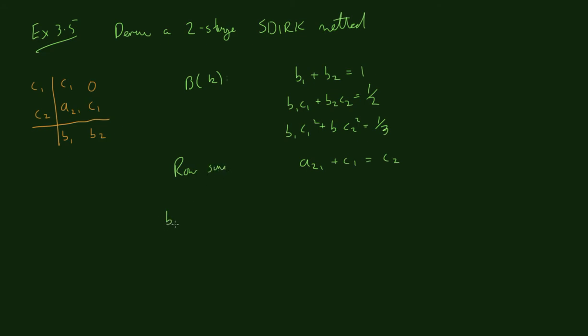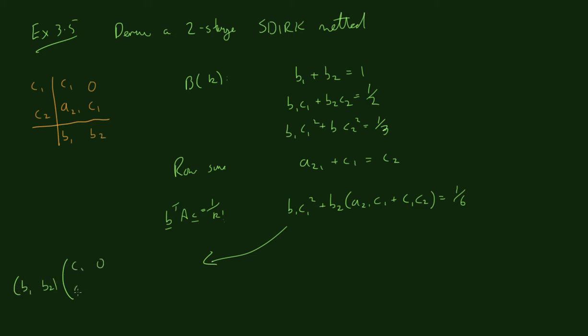We've also got the B transpose times A times C equals 1 over k factorial condition. That was B1 C1 squared plus B2 times A21 C1 plus C1 times C2 equals 1 over 6. To tell you where this comes from, we always assume that the B vector is a column vector, so transposed it is a row vector.